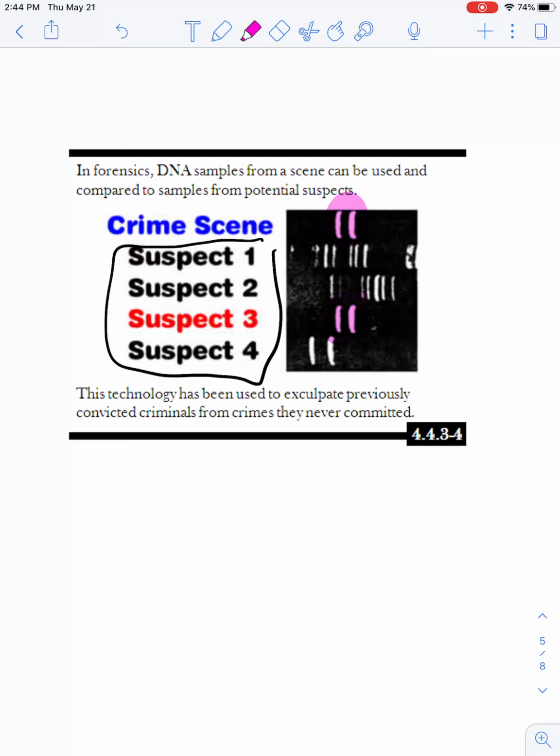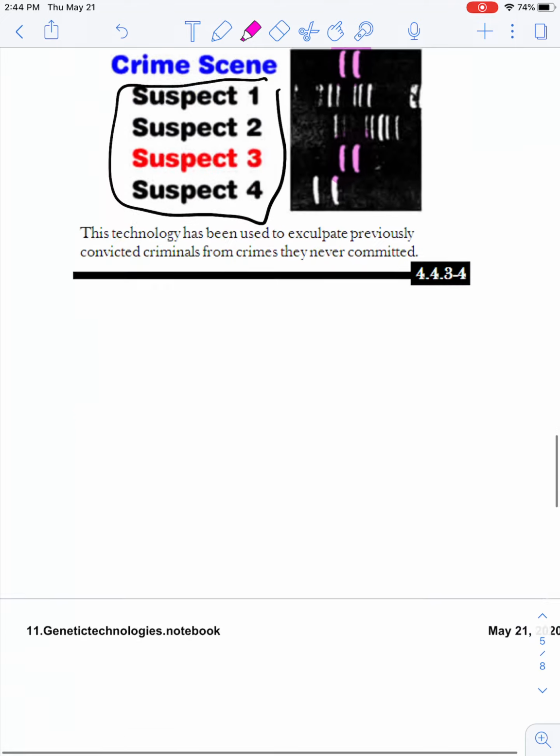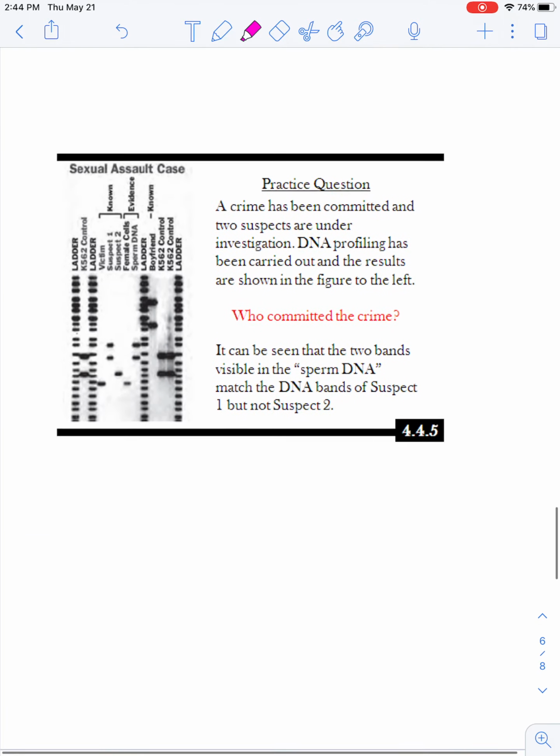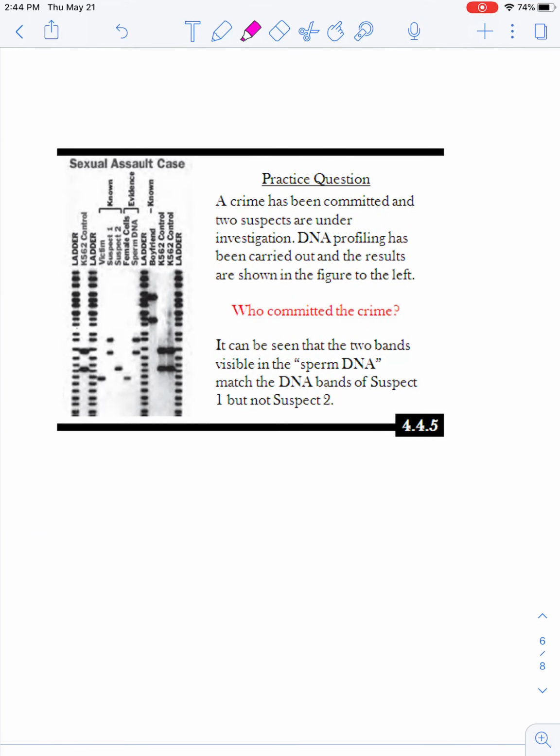Everyone else's are not lined up. So again, another practice question. These things called ladders are just there for measuring purposes. So when this is done in a lab for the purpose of paternity or for crimes, they have these things called ladders. So they can literally measure exactly how many base pairs the fragments are, and it's just more accurate that way.